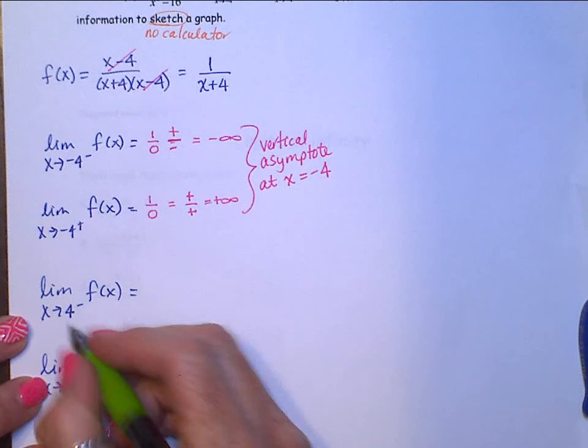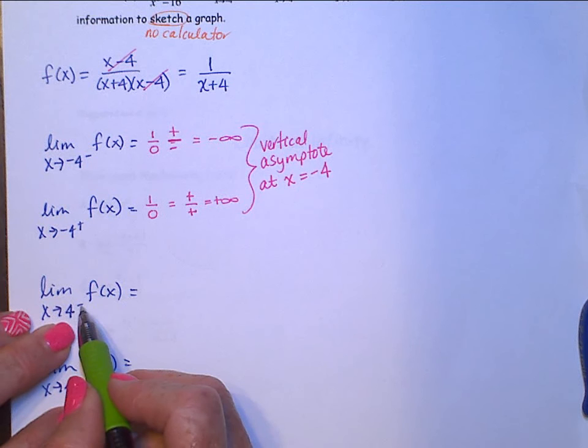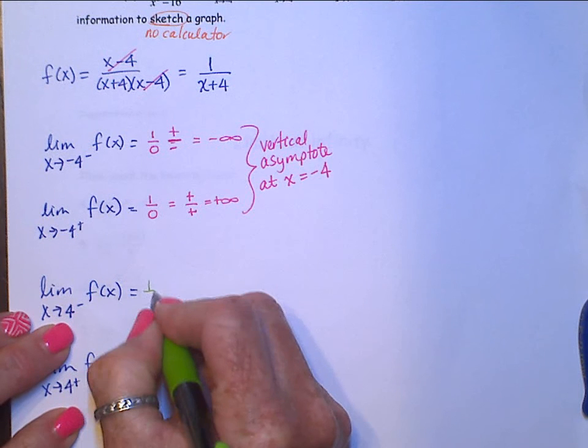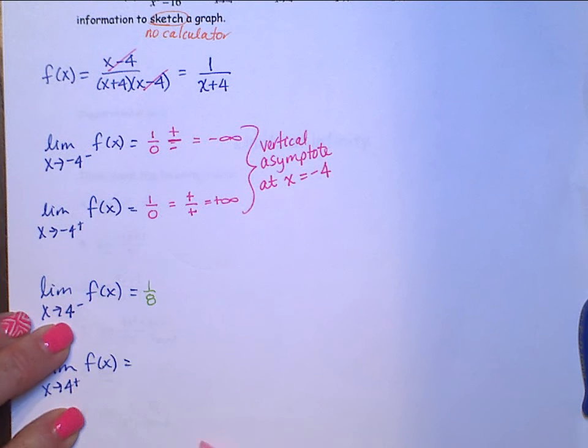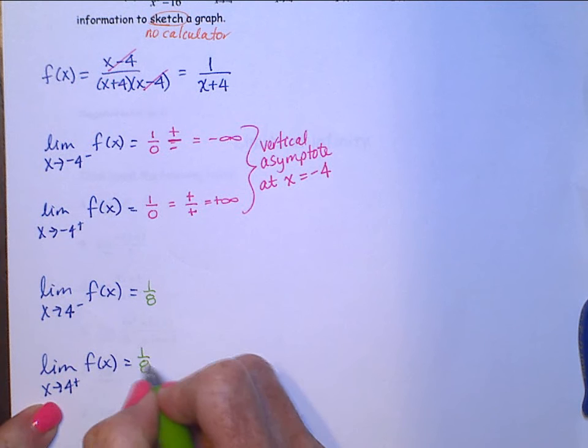Looking at these two limits, now we substitute in x equals 4 from the left, so we just put a 4 in here, and that's 1/8. 4 from the right, again, 1/8.